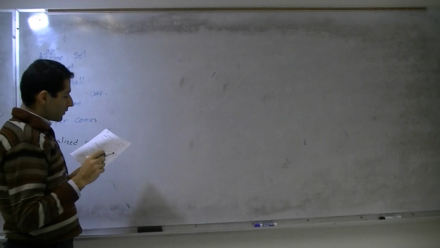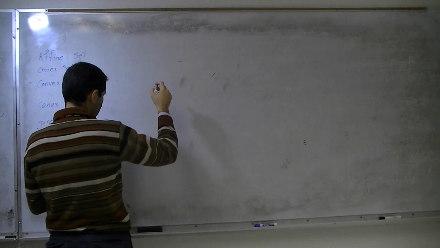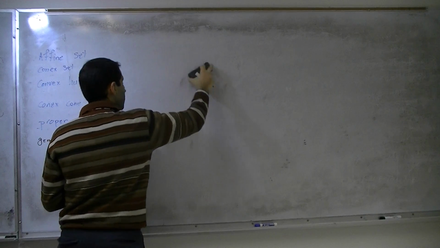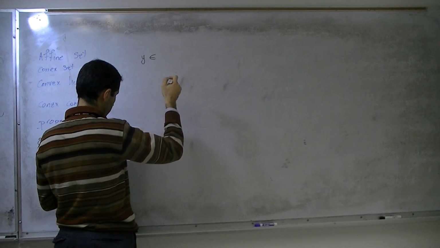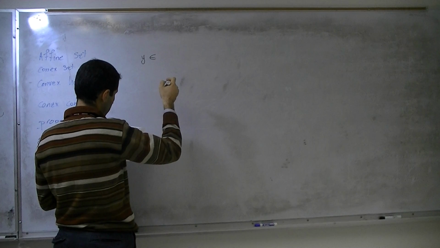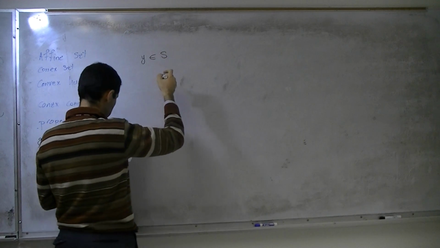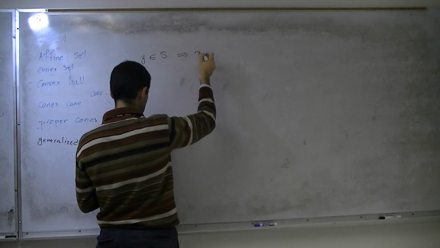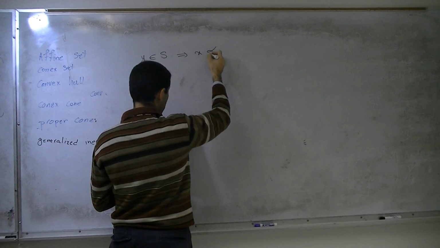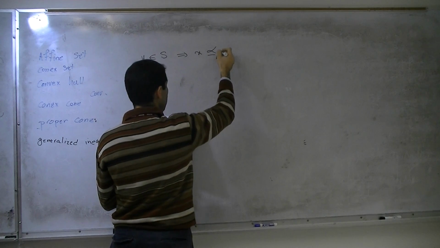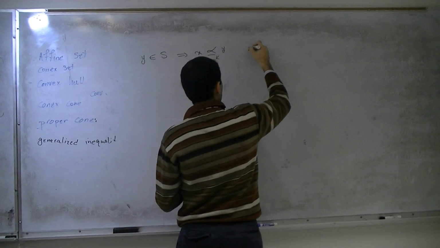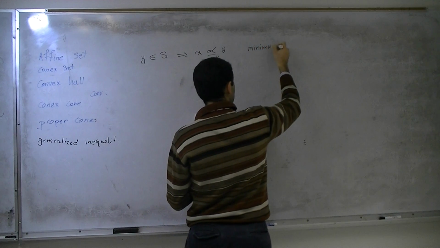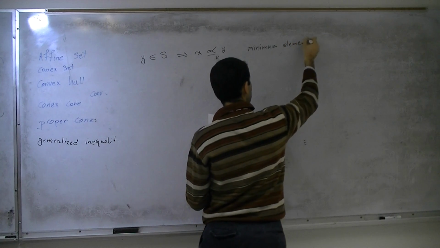The minimum element of a set S with respect to a proper cone K is x in S, if x is less than or equal to y by proper cone K for all y in S. This is the definition of a minimum element.